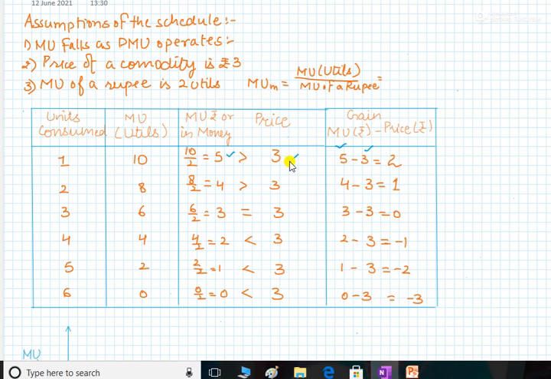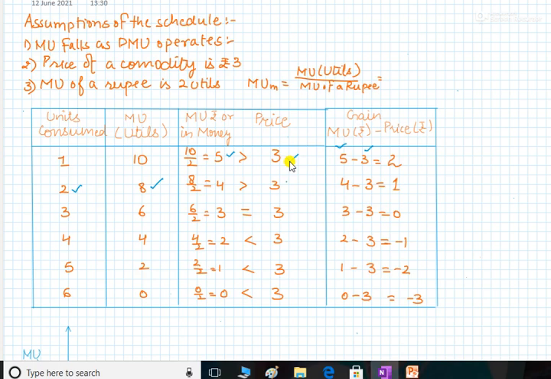It means what he is paying is rupees 3 and what he is getting equates to rupees 5. It means he will increase his consumption. He will buy the second unit too. When he consumes the second unit, the marginal utility from this is 8.